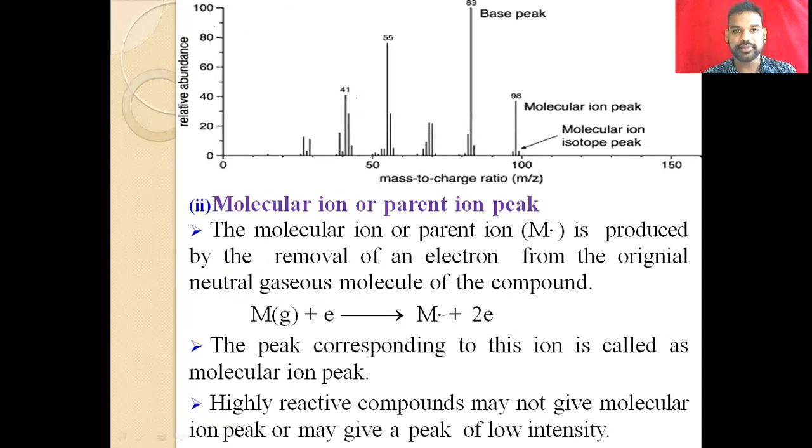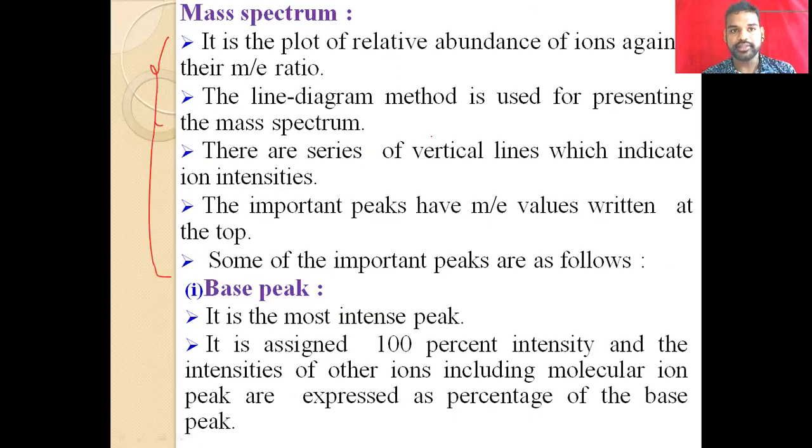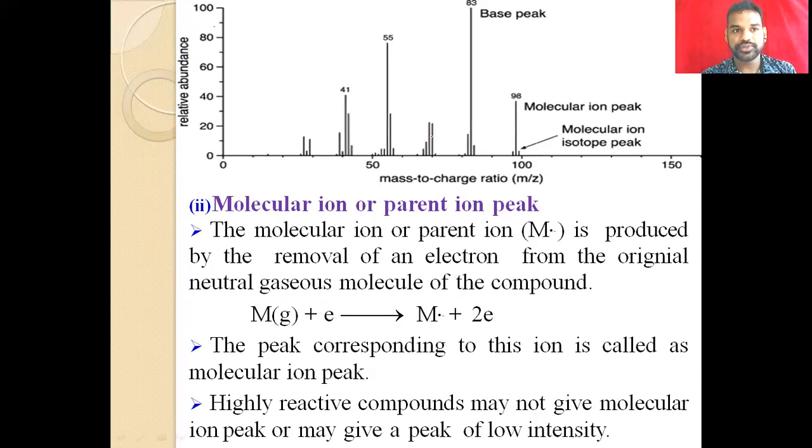Here we have an example; you can see these are all peaks. In this type, we have the graph. The mass spectrum is a plot of relative abundance of ions against the m/e ratio. That means the number of availability versus mass-to-charge ratio, m/z.